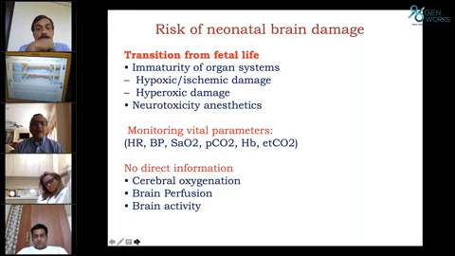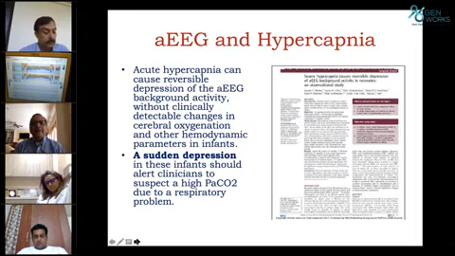So if you're looking for brain activity, how does whatever is going on in the baby's physiologic environment impact your brain activity? And that's what the EEG does.